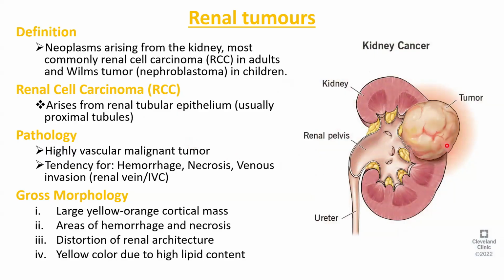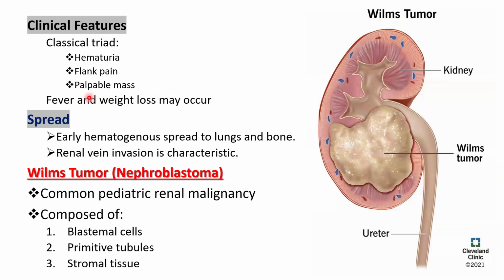And this is just the same tumor that I wanted to show us here. So this is renal cancer or renal tumor, specifically the renal cell carcinoma, RCC. So clinical features will be the same between Wilms tumor and renal cell carcinoma.